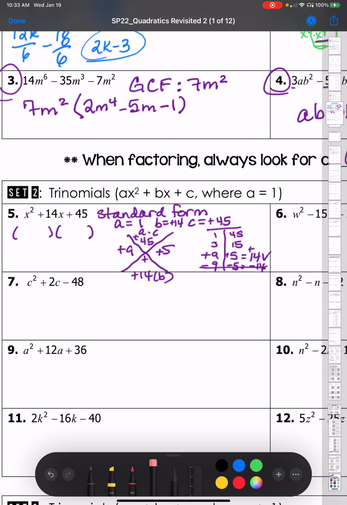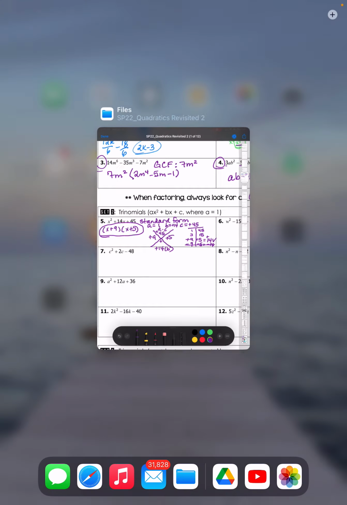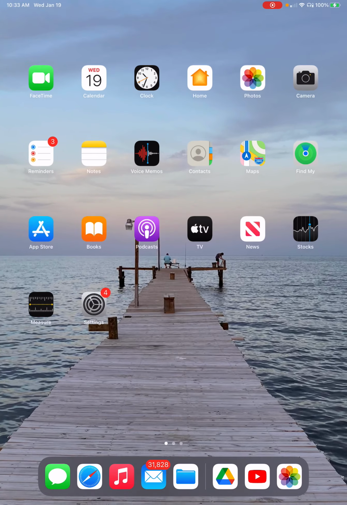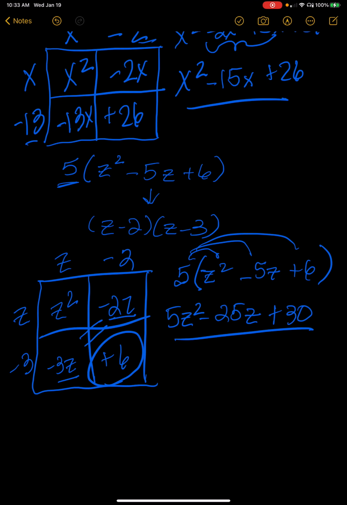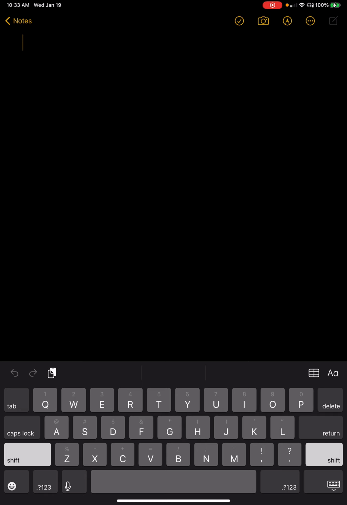And so then it's going to be x plus 9, x plus 5. And that would be our factors. Now how do we check this? The way that we're going to check this is to do something called an area model.